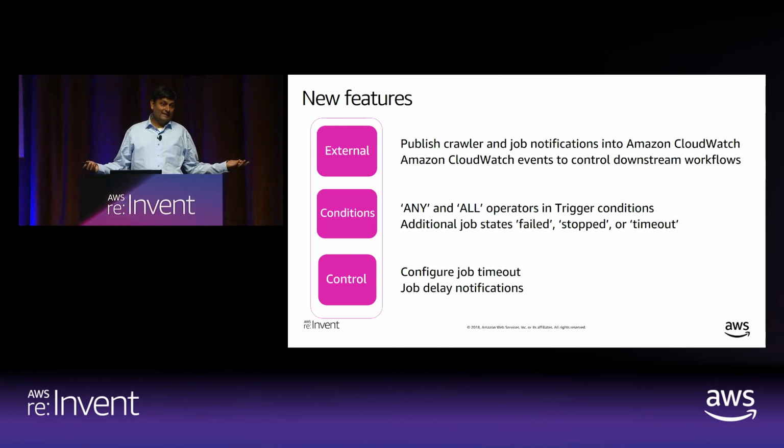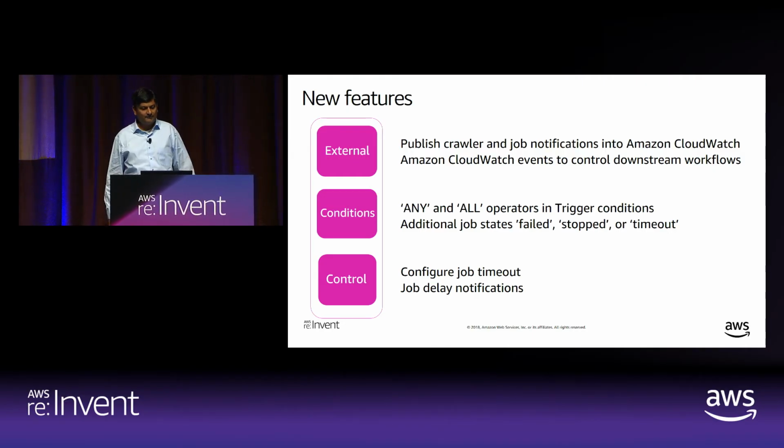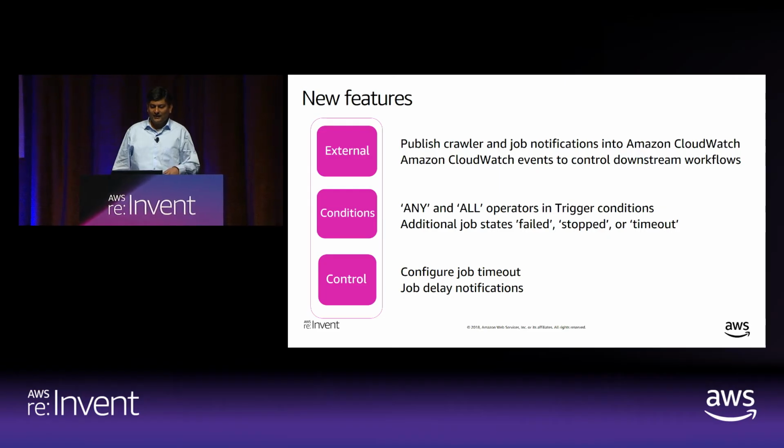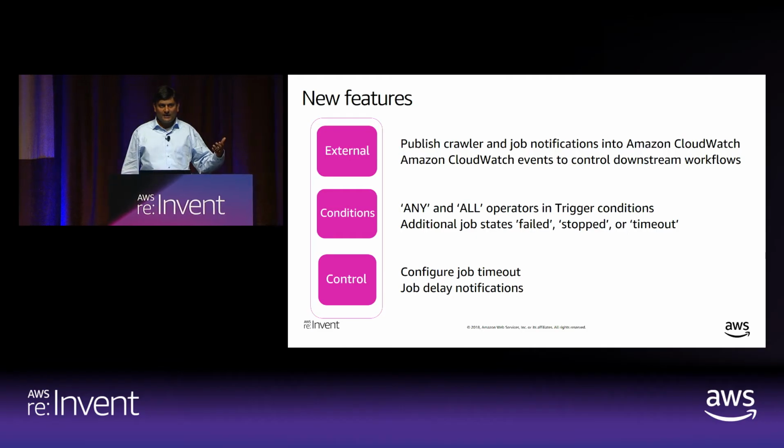All is basically an and. All of the upstream jobs have to finish before the trigger condition is met, in which case you can then run the downstream workflow. We also added states for failures for jobs, not just completions, because we all know that jobs do more than just complete. So we notify you when things fail, and there's an event for that.